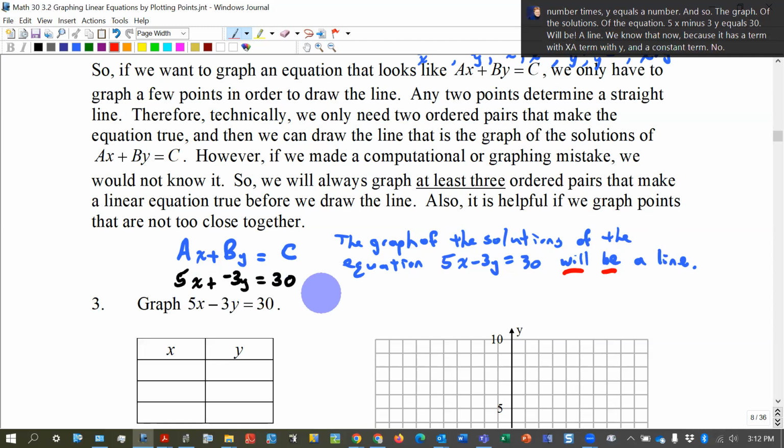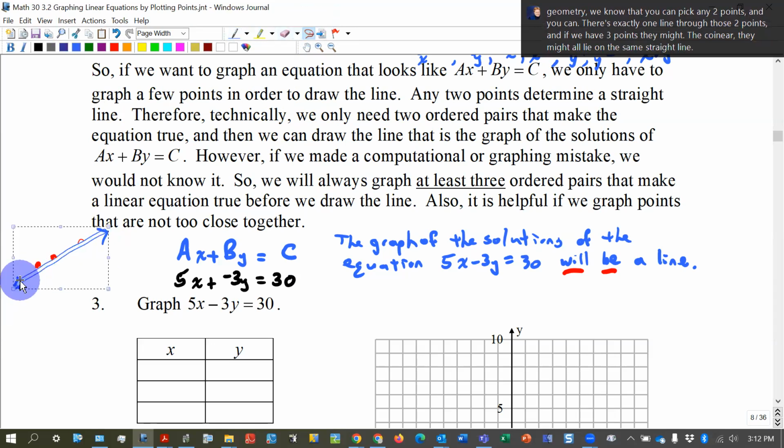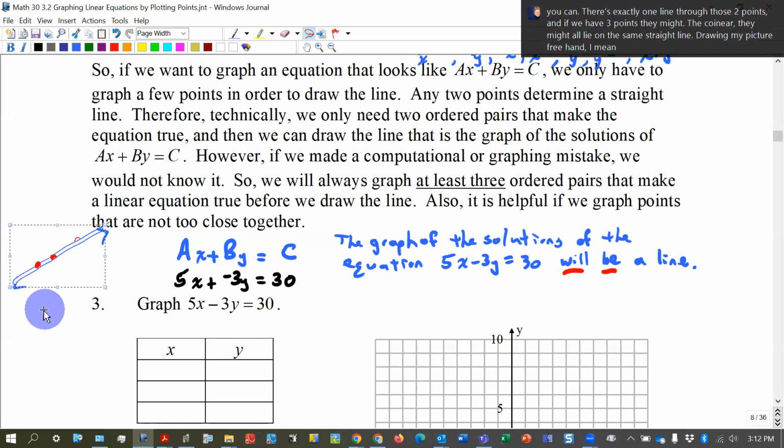Now, from geometry, we know that you can pick any 2 points and there's exactly one line through those 2 points. And if we have 3 points, they might be collinear. They might all lie on the same straight line.